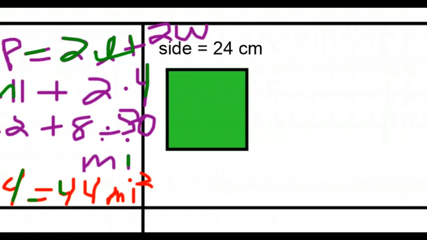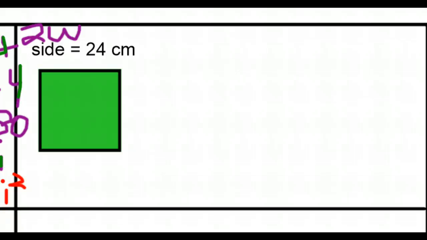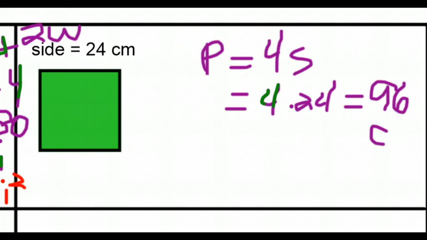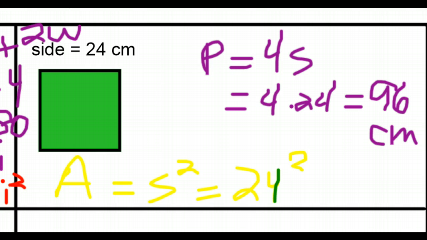Looking at number 2, which we'll say is the square with a side of 24 centimeters, if we're going to look at the perimeter of that square, we would have to look at 4 times the side length. The side length is 24. So our perimeter is 96 centimeters, 4 times 24. And then our area is just the side squared, which is 24 squared, which of course is 576 square centimeters.